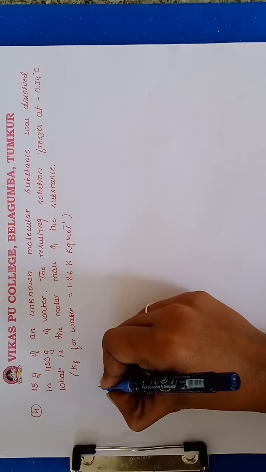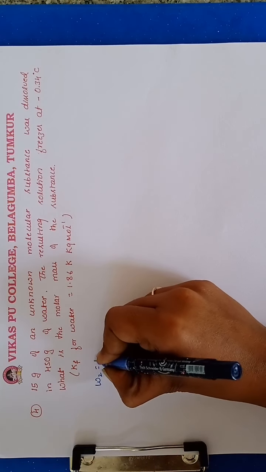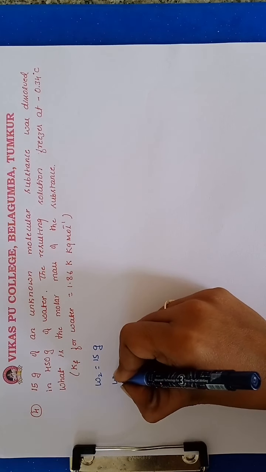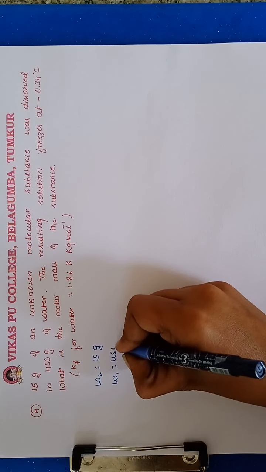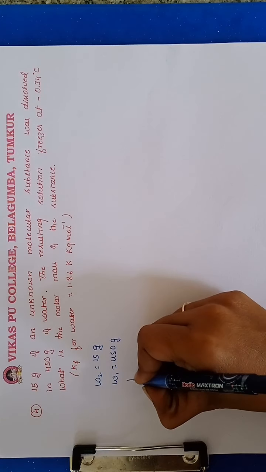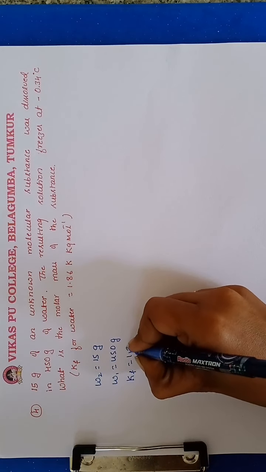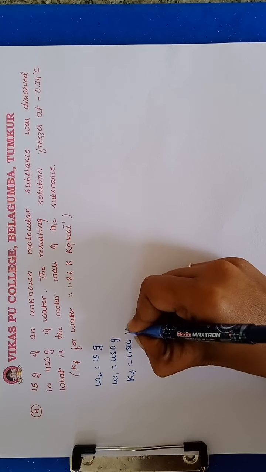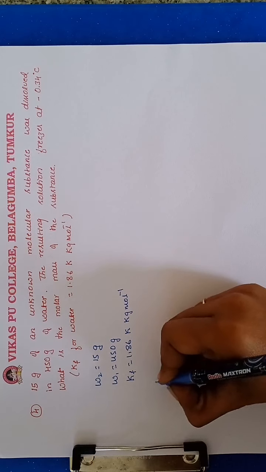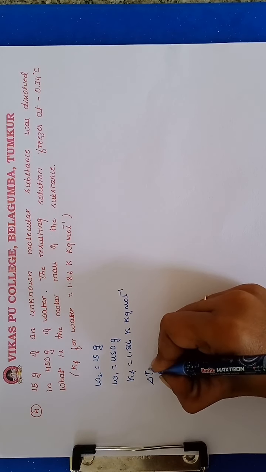WO2 they are given. WO2 is 15 gram. Then W1 is 450 gram. Kf they are given, that is Kf is equal to 1.86 Kelvin kg per mole. Then delta Tf we need to calculate.